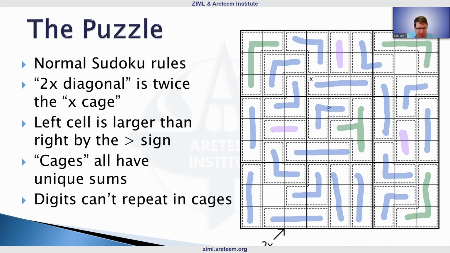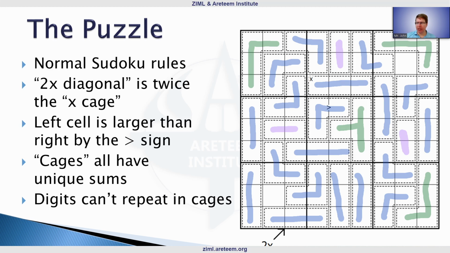Finally, digits can't repeat in cages. This doesn't tell us something for some of the cages, because they might already be in the same row or in the same 3x3 box, but some of them, even if they go between different rows and columns or 3x3 boxes, still have to all be unique digits in that cage.